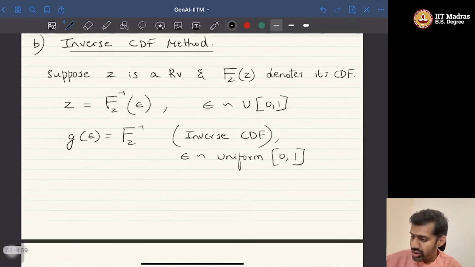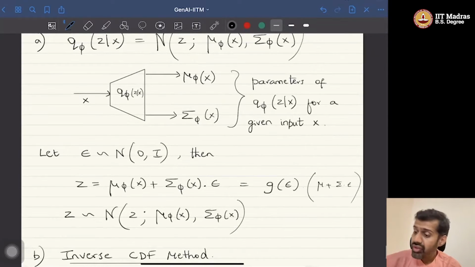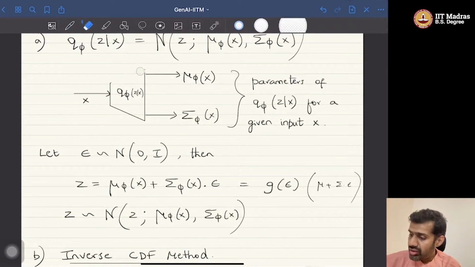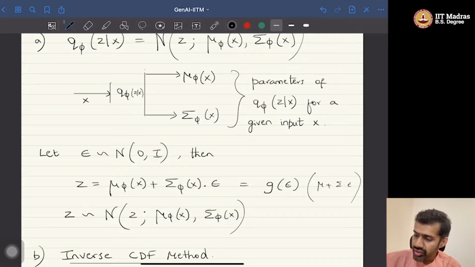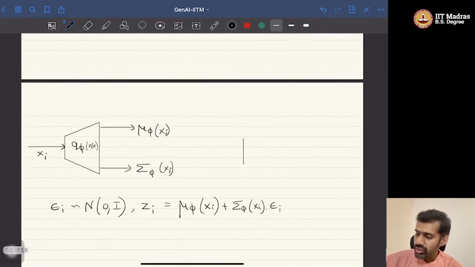Okay, so I think I made a mistake with the length of this diagram. Typically what happens is the dimensionality of x is much higher compared to that of z. So we'll have to represent the encoder this way. Let me try to change this here as well.